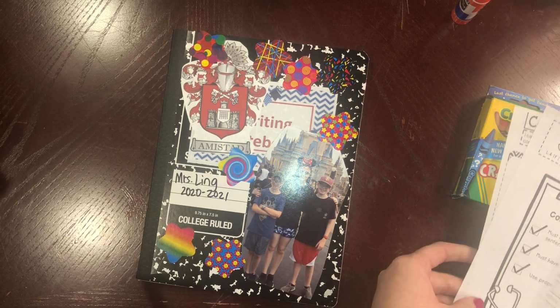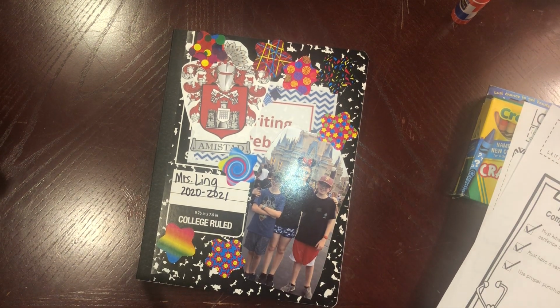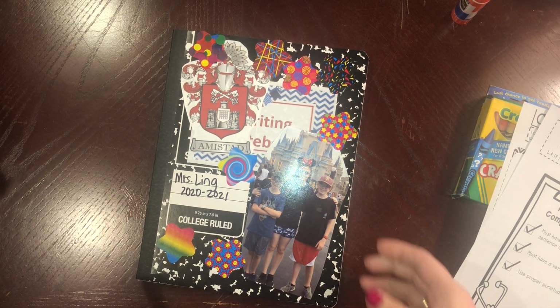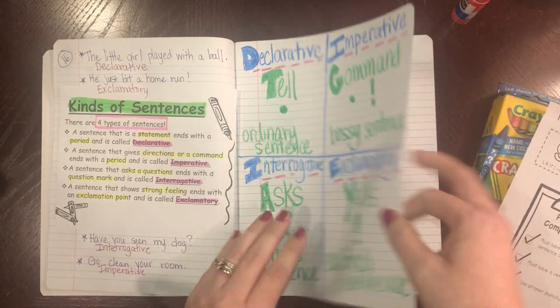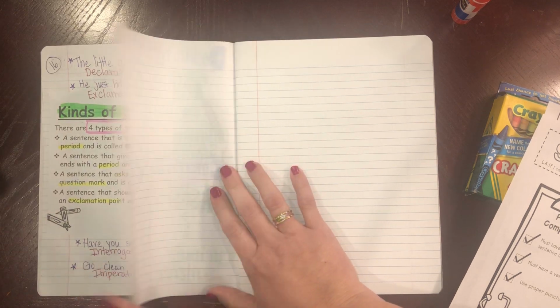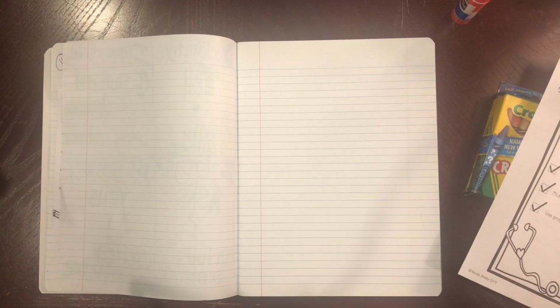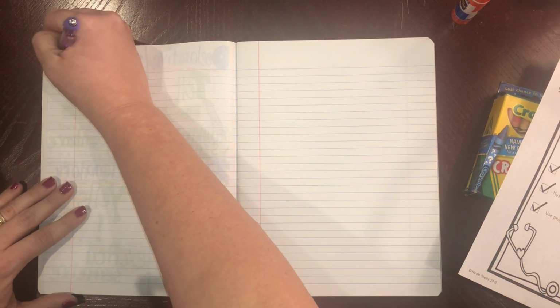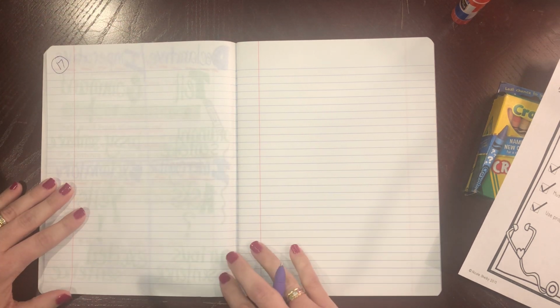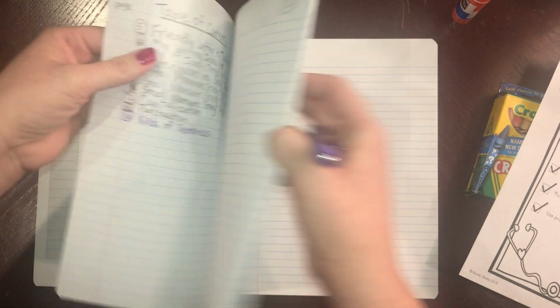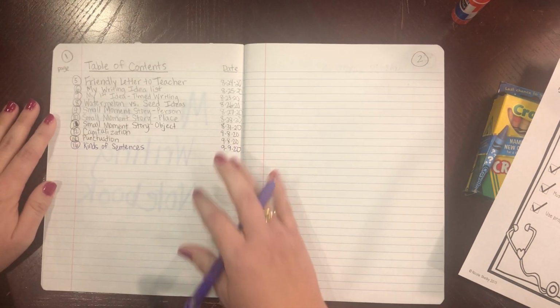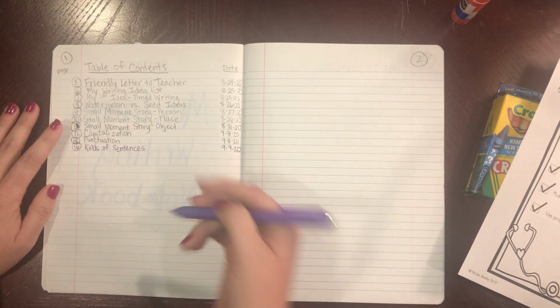Then we're going to go ahead to our writing notebook. You're going to open up to yesterday's lesson, which was on types of sentences. We're turning the page. When we turn the page, we're going to then label the next lesson is on page 17. When we get back to our table of contents, we are going to continue our unit on sentences and paragraphs.